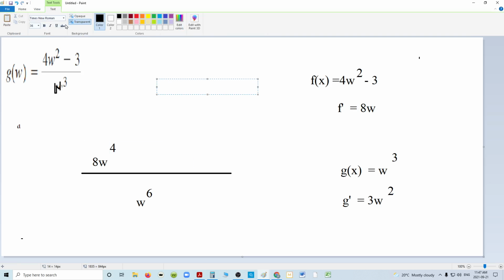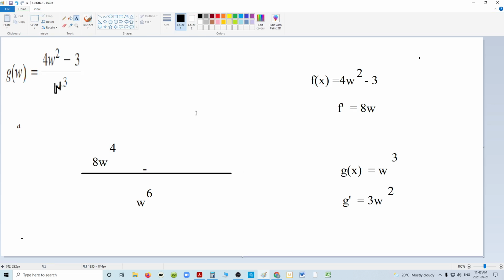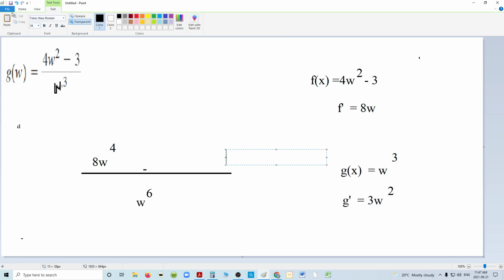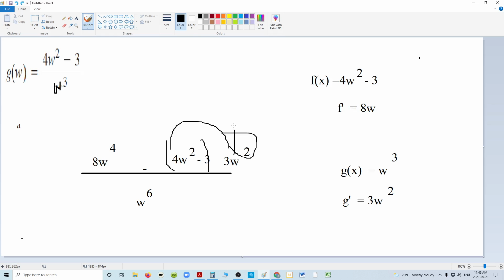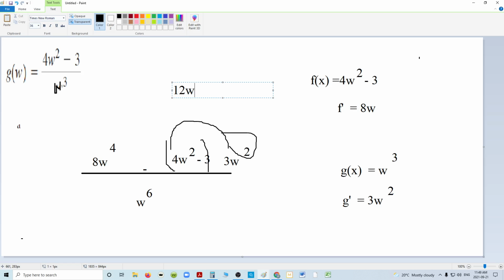Then you're going to subtract the top derivative times the bottom derivative. A little harder, isn't it? 3 times w squared is going to be w to the 4, and 3 times the 4w becomes 12w squared. 12w to the 4 rather, minus 9w squared.